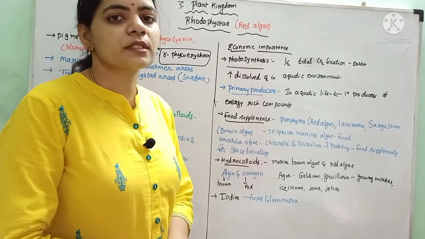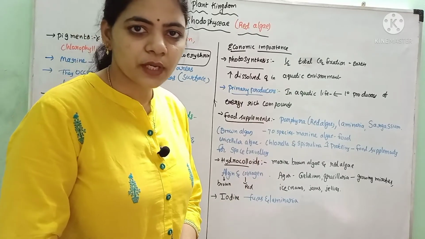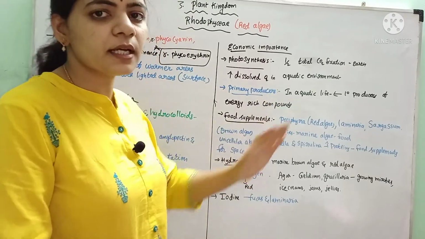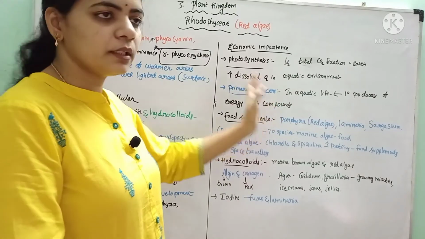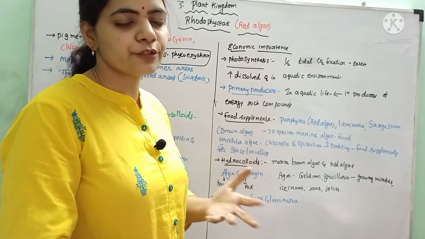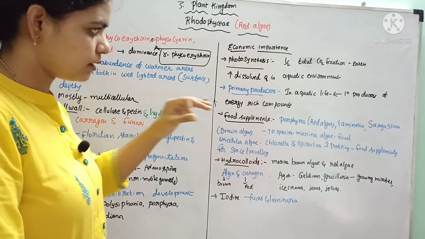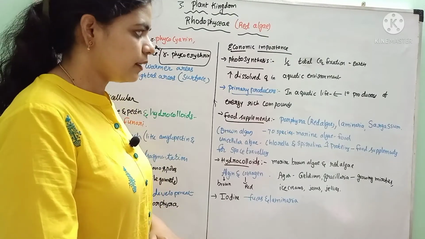And primary producers. On land, we have plants as primary producers, and we depend on plants for food, right? Like that, in aquatic life, algae are the primary producers of the food, because they produce energy-rich compounds which are used by the fishes. These algae are used as food by many aquatic animals.